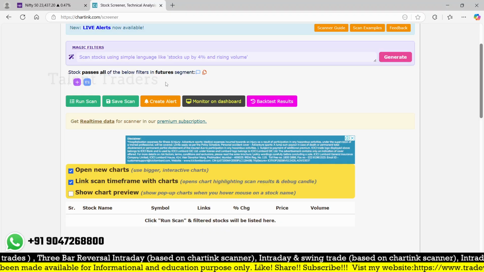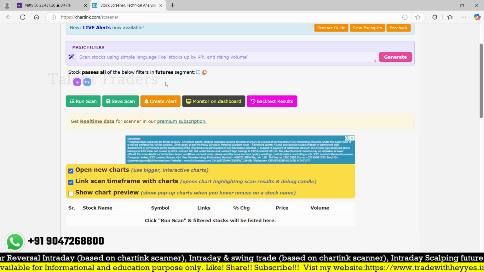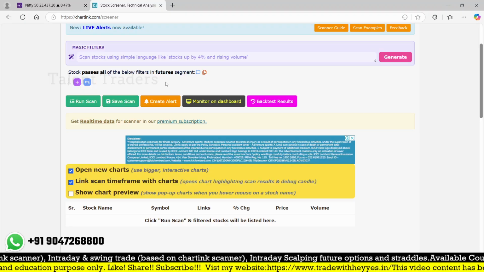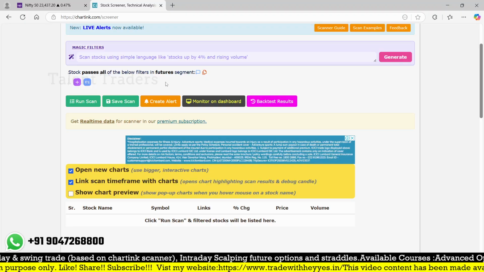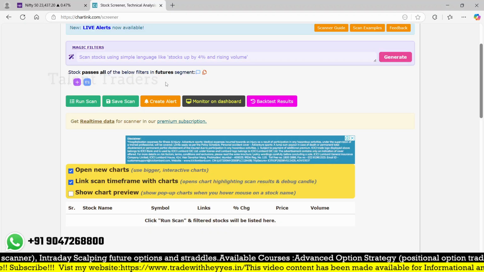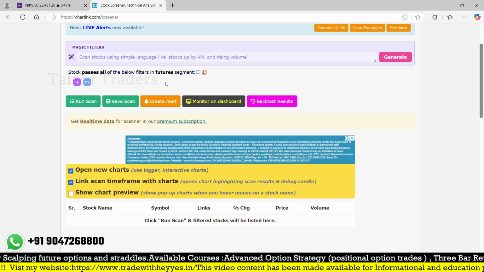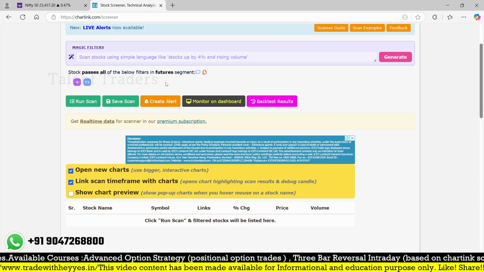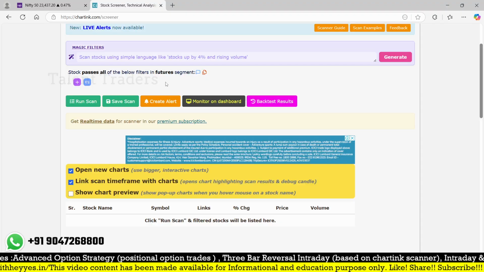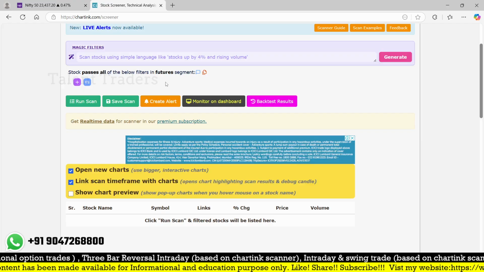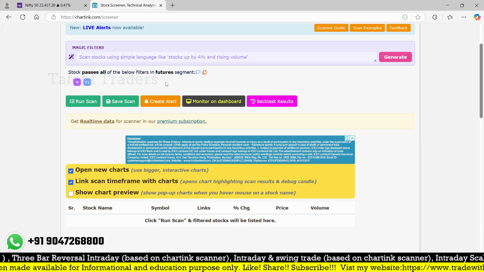Charting never provides you the futures data directly; the stock list is cash only, but it takes the futures group, filtering the cash stocks that trade in futures. Charting gives only spot data.